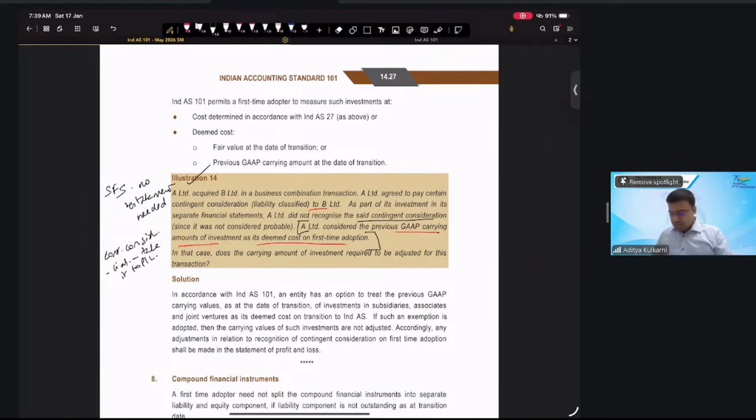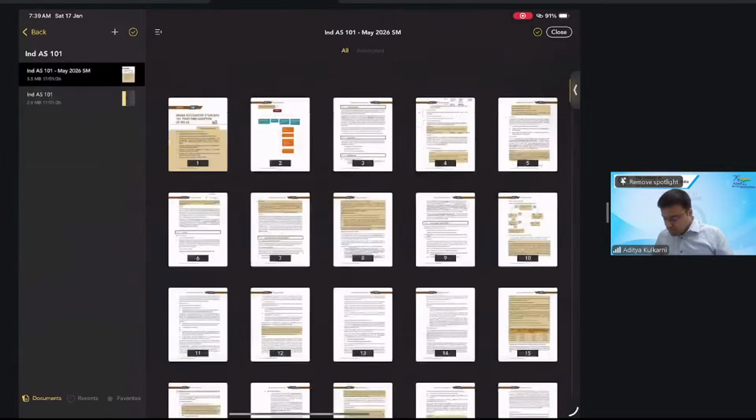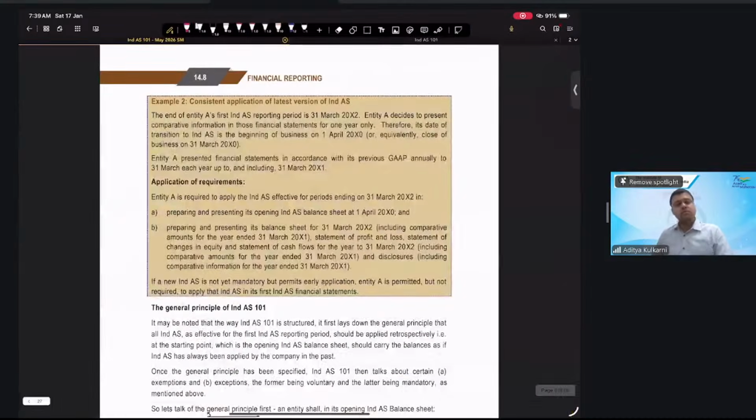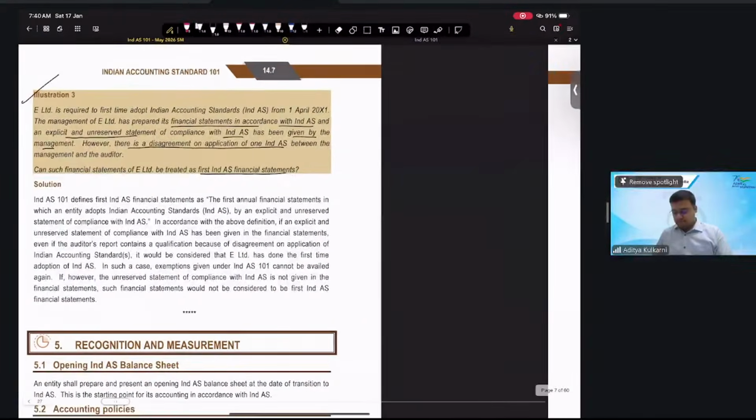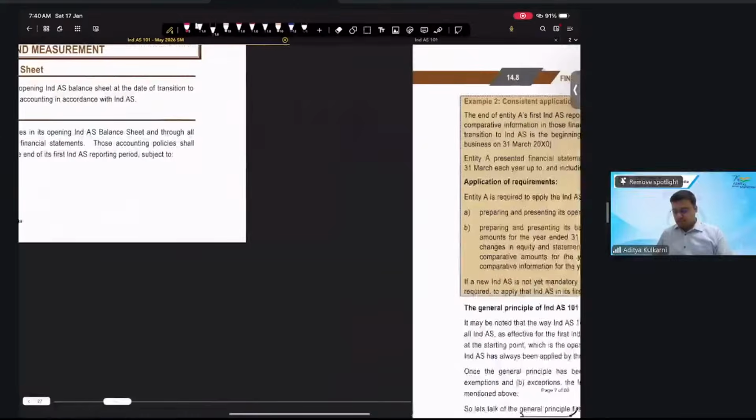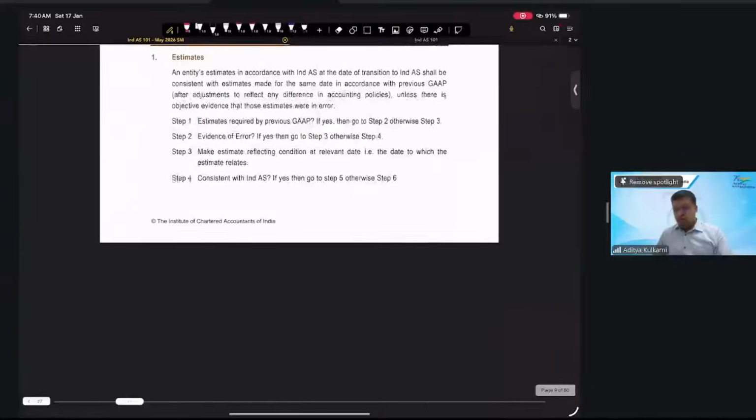Any doubts so far? So if it would be contingent consideration in the capacity of employees, then it won't be taken. In the capacity of employees also it will come, if at all you feel that it is having any implication. What do you mean in terms of employees, Sanjay? There were employees to whom the shares would be allotted.